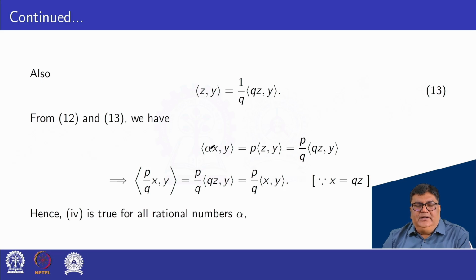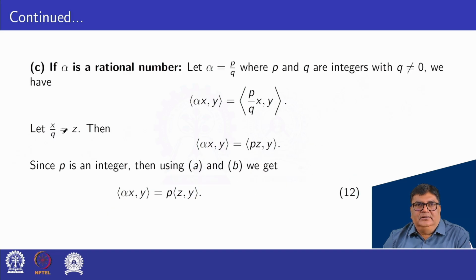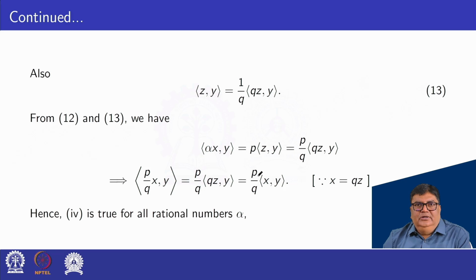This implies that, since alpha is p by q, inner product of p by q x, y equals p by q into inner product of qz, y. Since qz is x, this can be written as p by q into inner product of x, y. Hence equation 4 is true for all rational numbers alpha also.